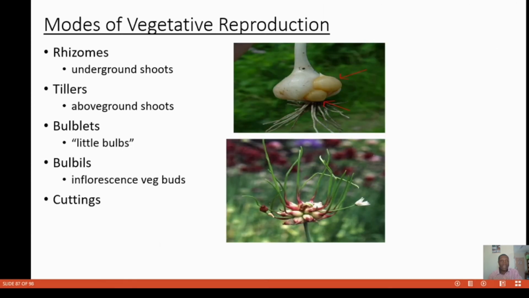And please study them as we go along. Then we have the modes, the processes of vegetative reproduction. And as you can see, they are given under these various asexual reproductive parts. They can give rise to entire plants.